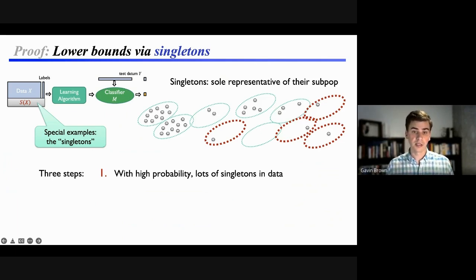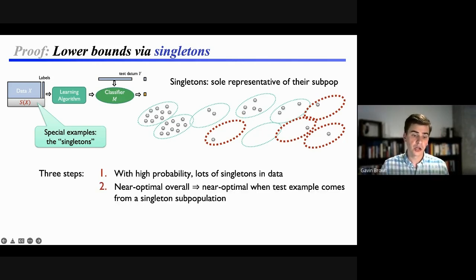Now you notice if I fix the distribution and let the sample size grow, then I'll eventually have very few singletons. And so this is why we really need the hard distribution to be tailored to the sample size. It's not like there is something special about these examples S. Next, we show that if you're near optimal overall, you must be near optimal when the test example comes from a singleton subpopulation.